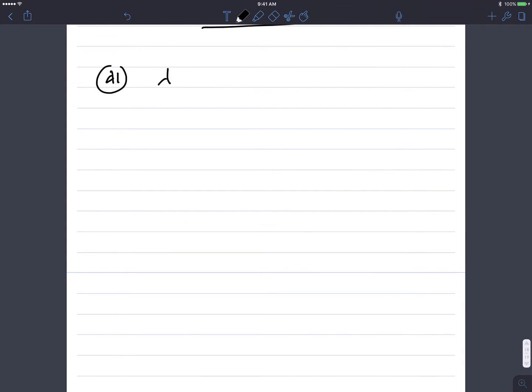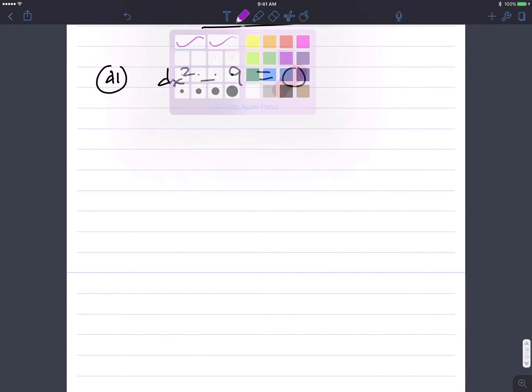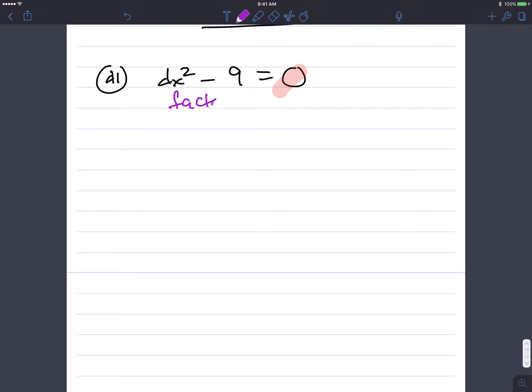41, you get 4x squared minus 9 is 0. Okay, so what happens now here? Right, we got the 0 here, but we don't have a product, so we're going to have to factor. Okay, what do you guys notice? Is this a difference? It is, but it's a difference of what?